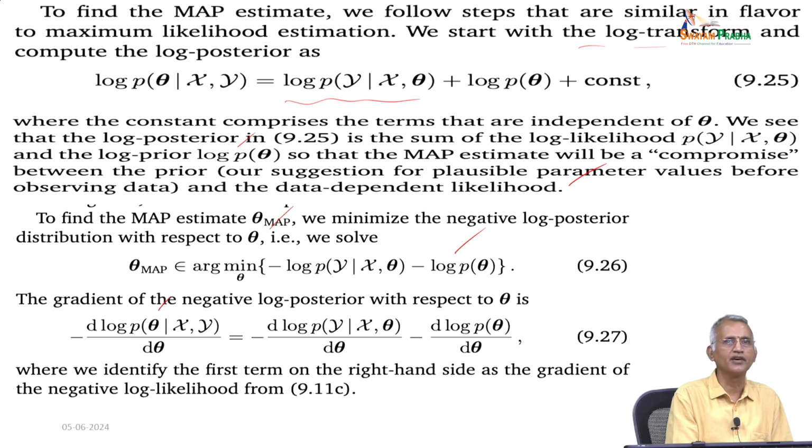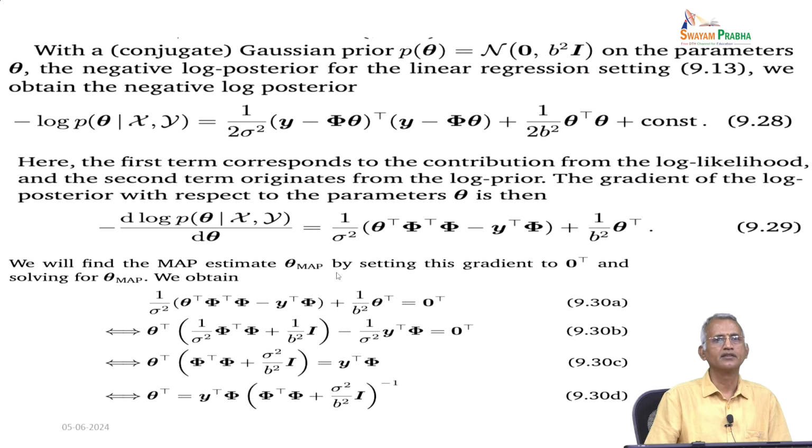Now, we identify the first term on the right hand side as the gradient of the negative log likelihood from equation 11c.